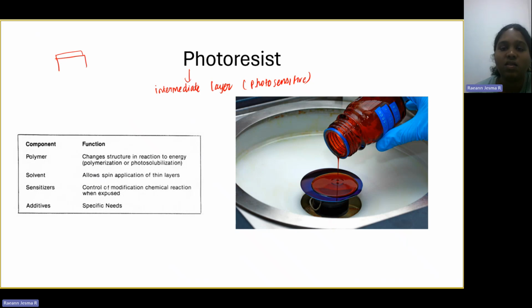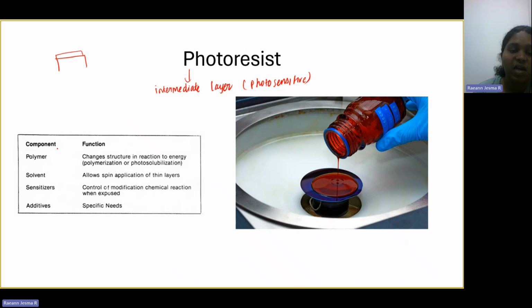It consists of different components. The polymer will change in structure. Then we have a solvent, which gives the photoresist its consistency.